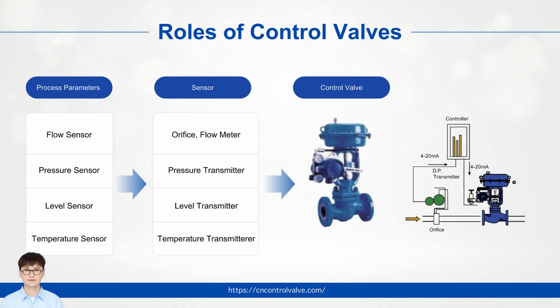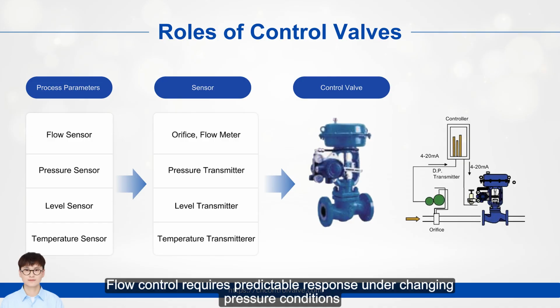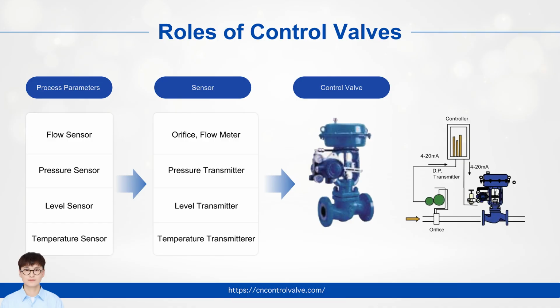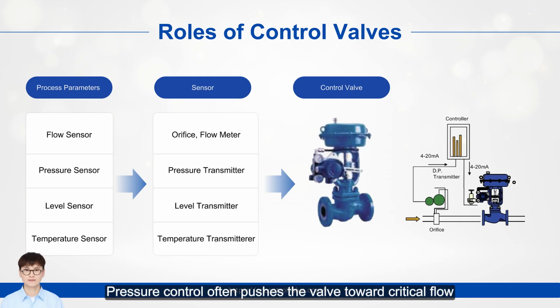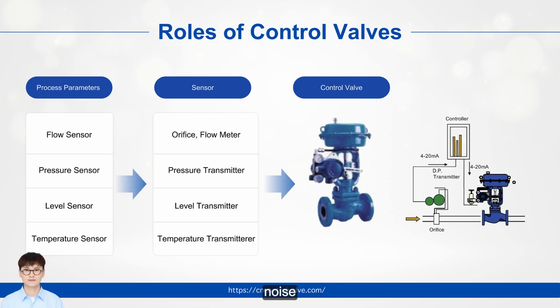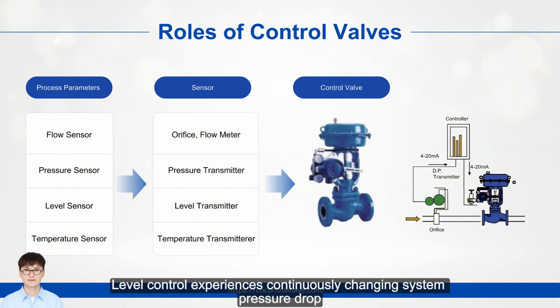And then, typical control applications. Same valve, different demands. Control valves are used in many applications, but not all applications demand the same behavior. Flow control requires predictable response under changing pressure conditions. Pressure control often pushes the valve toward critical flow, noise, and vibration limits. Level control experiences continuously changing system pressure drop.